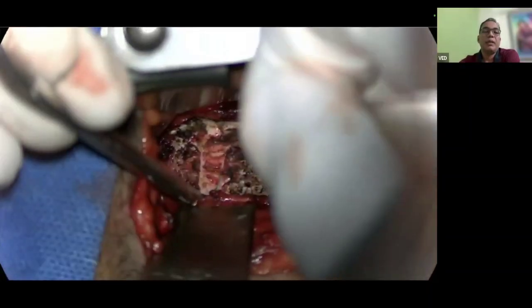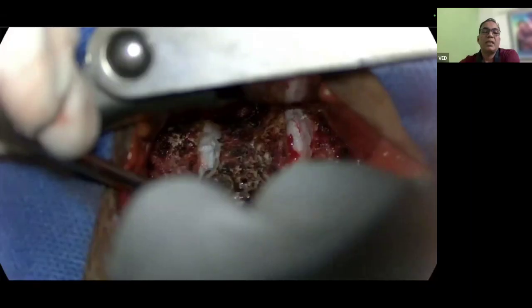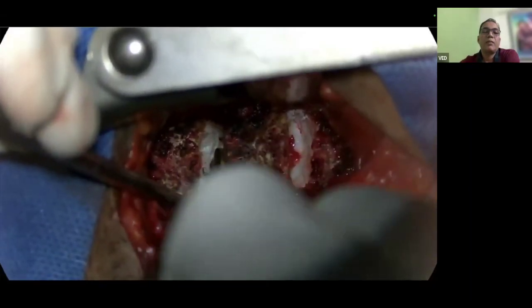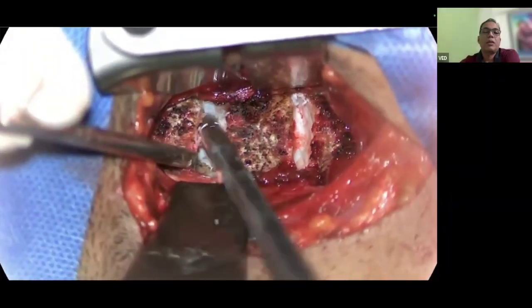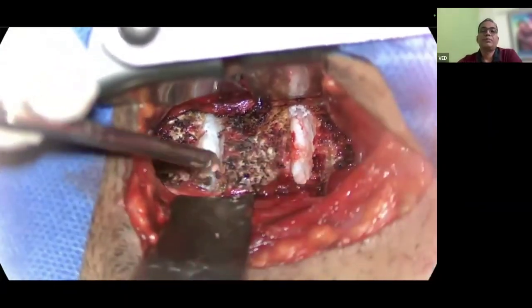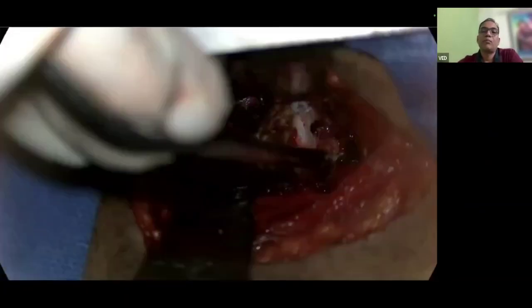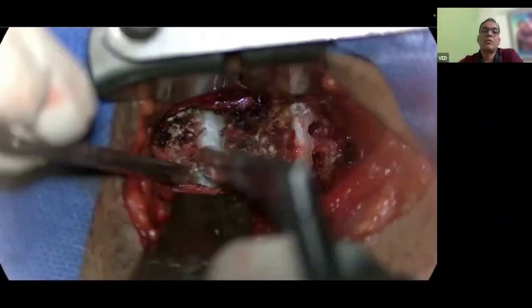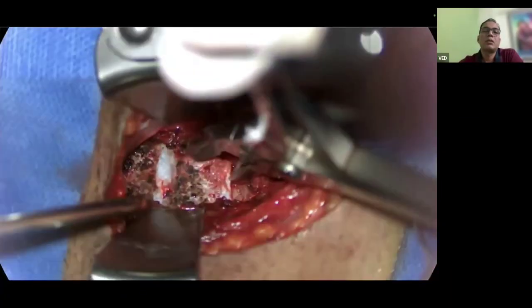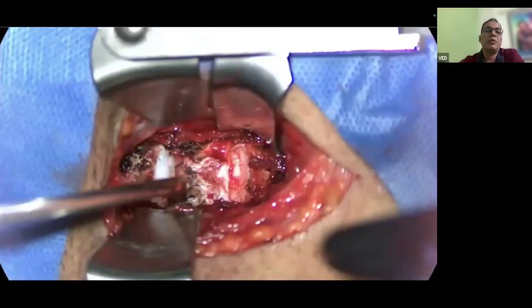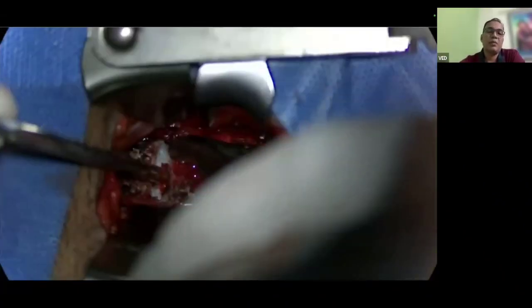With a number 15 blade, the adjacent disc has been incised and removed, with the help of a disc punch. The initial part of the vertebral body is removed with the help of a bone nibbler.